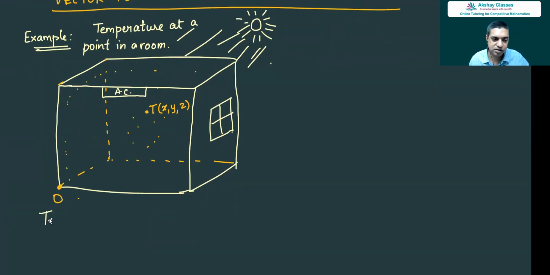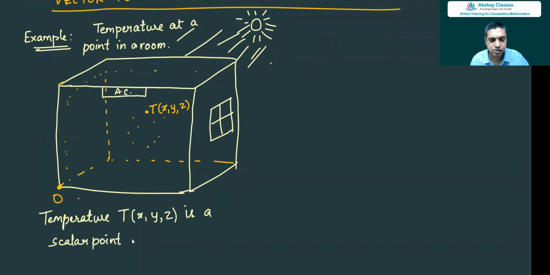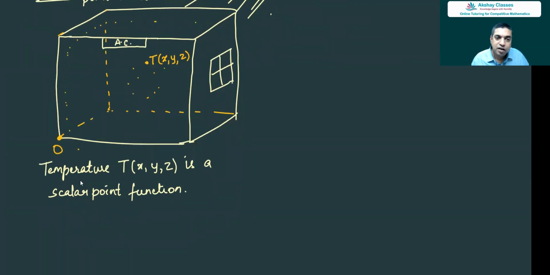So temperature at a point x is a scalar point function. Now, at any given instant of time, you map the temperatures at all the points in the room, simultaneously finding the value of temperature at all the points.